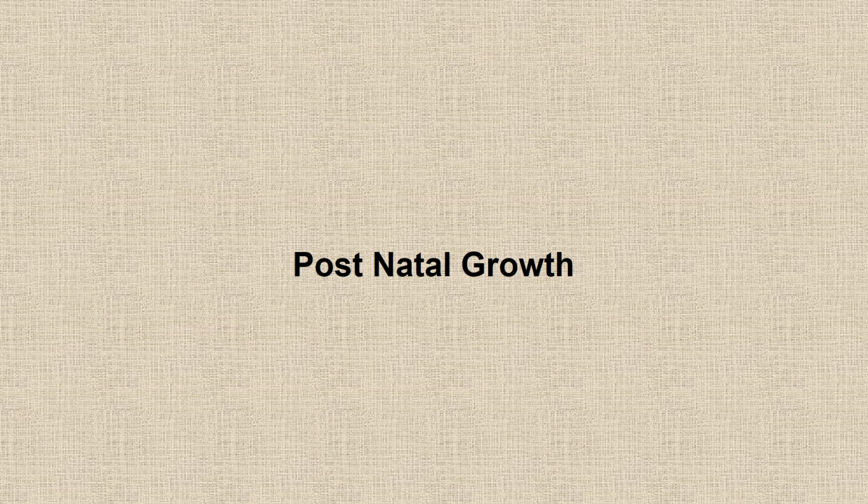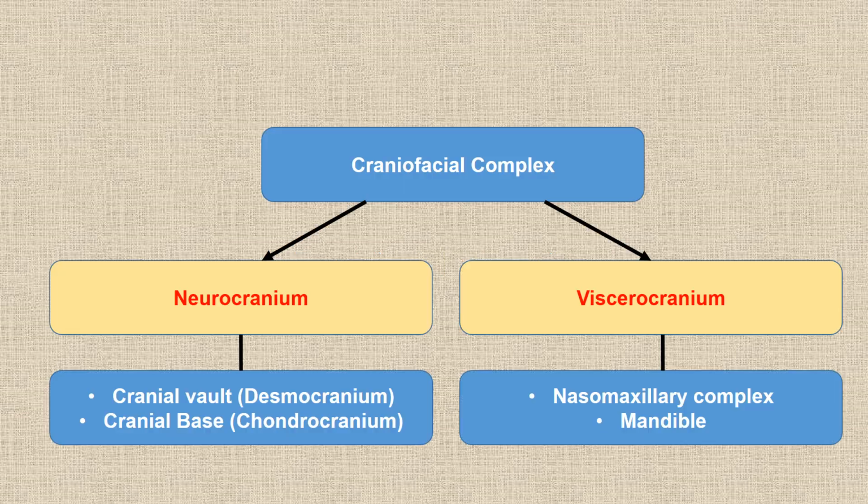Now, let's have a look at postnatal growth. The craniofacial complex is divided into neurocranium and viscerocranium. The neurocranium consists of the cranial vault or desmocranium and the cranial base, also known as the chondrocranium.